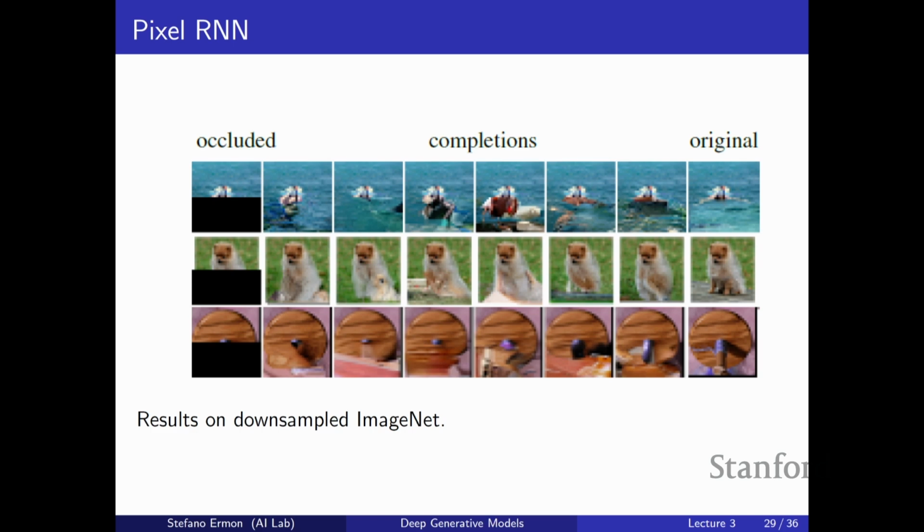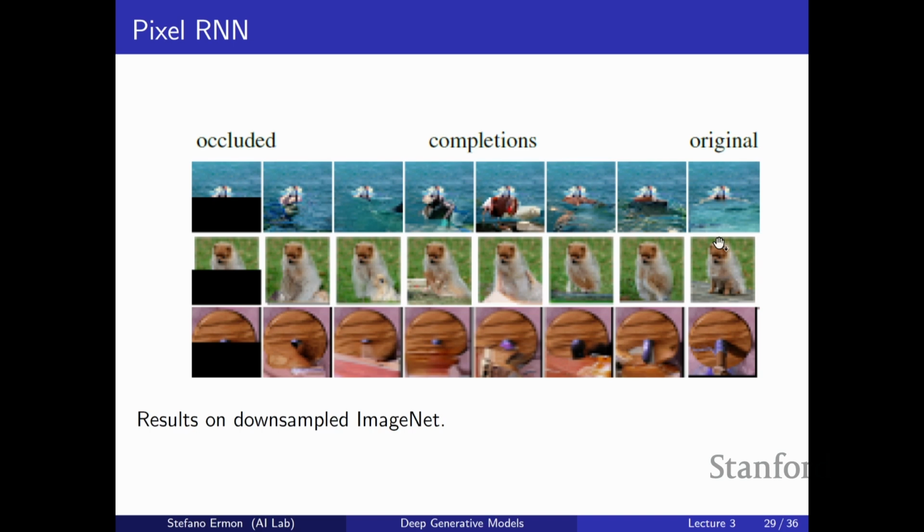What you see here is an image, with the actual image in the rightmost column, and then you remove the bottom half, and you let the model complete it. So it's similar to a language model. You have a prompt, which in this case is just the top half of the image. And then you let your autoregressive model generate the next pixel, and then the next pixel, and then the next pixel, and so forth. And you can see that it's coming up with somewhat reasonable completions.